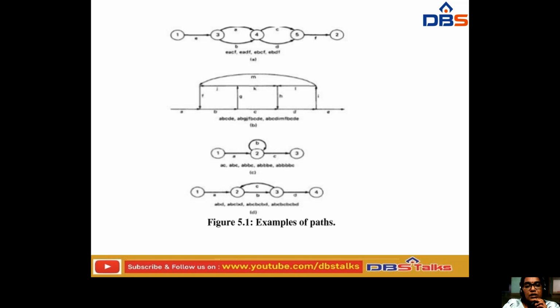Suppose from 1 to 2 and 2 to 3, that is A B and C. If it is from 1 to 3 directly, that is AC.